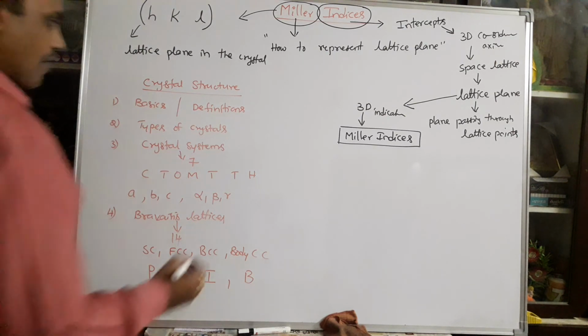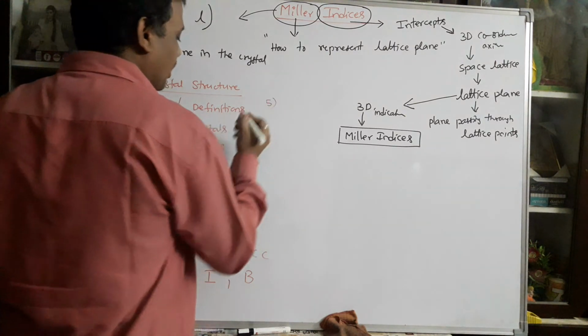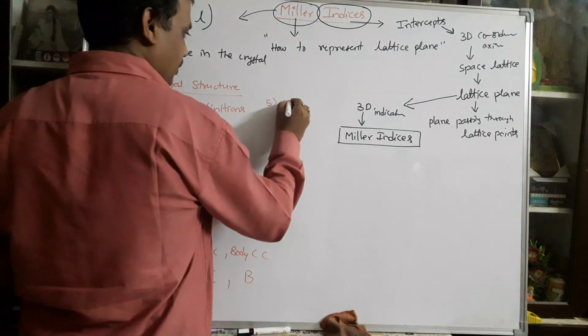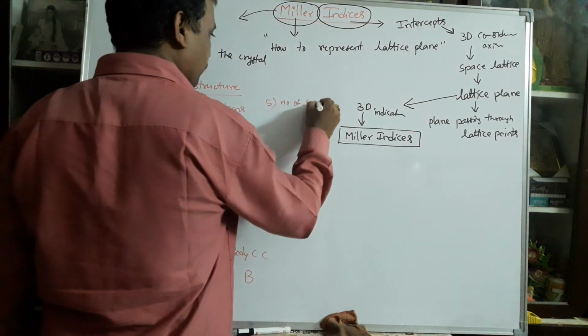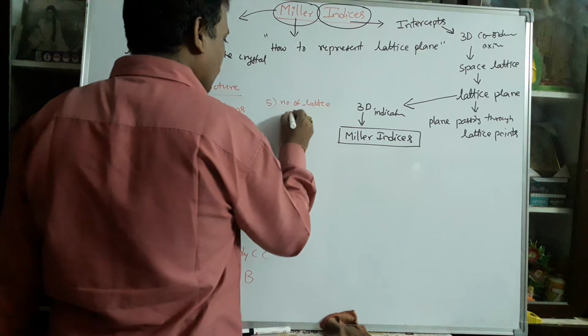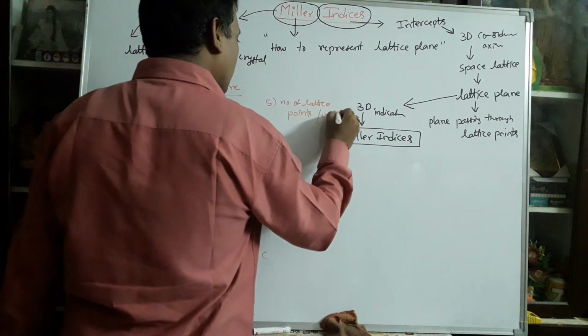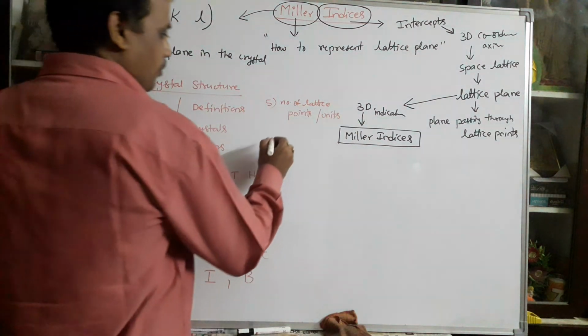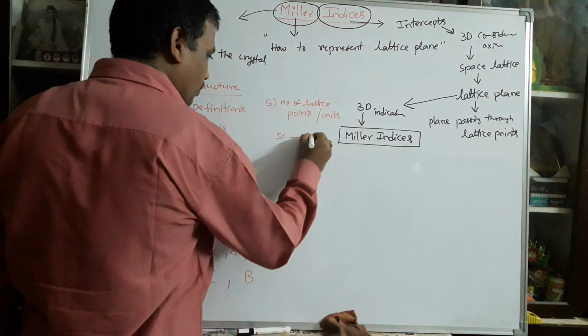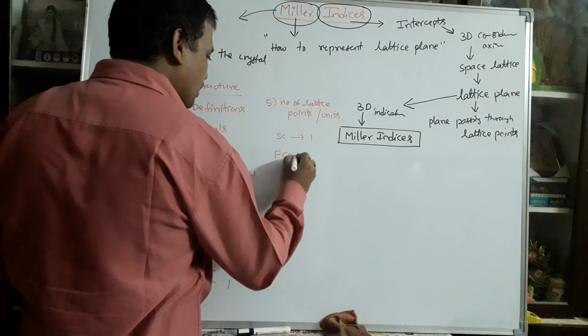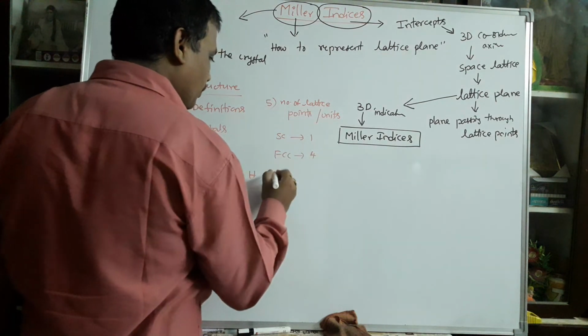After completion of Bravais lattices, we went to the calculation of the number of lattice points per unit cell. Particularly, for simple cubic structure, only one lattice point. Face centered cubic structure, totally 4.